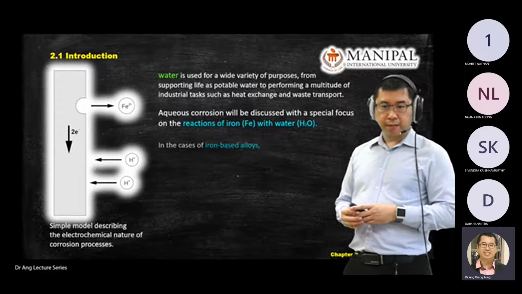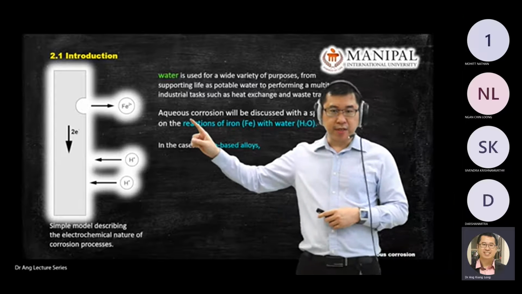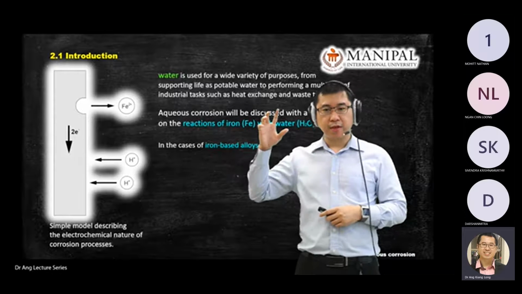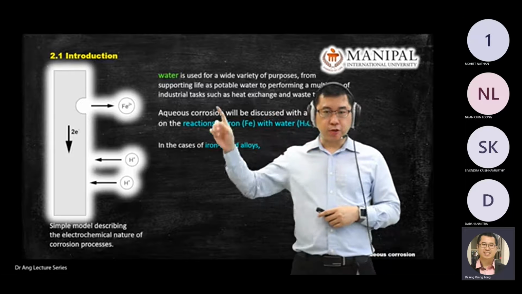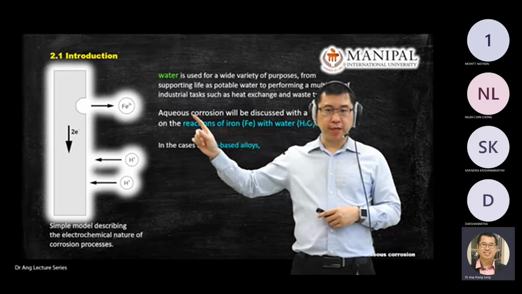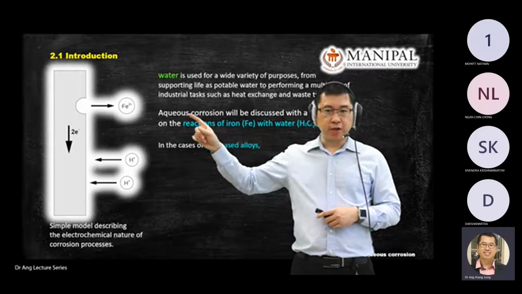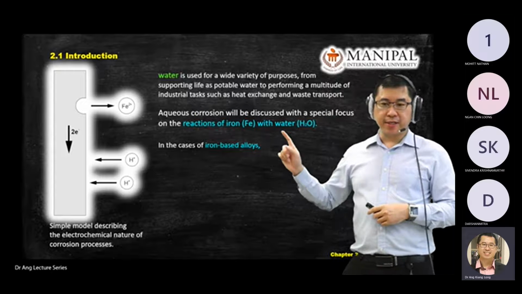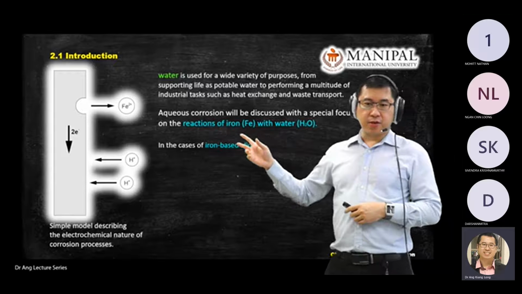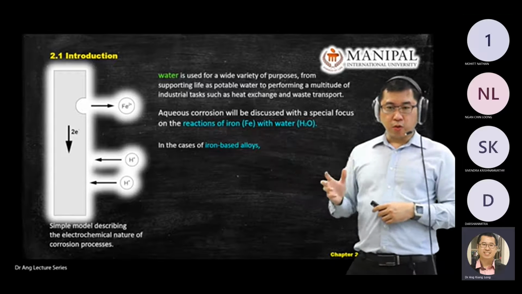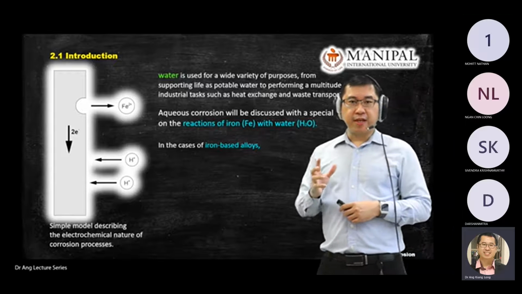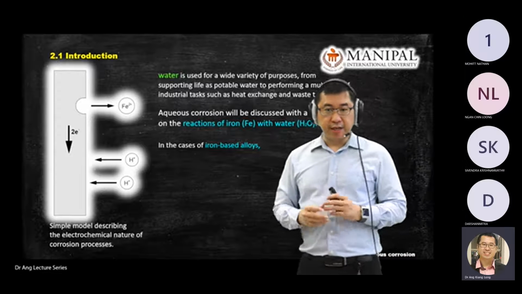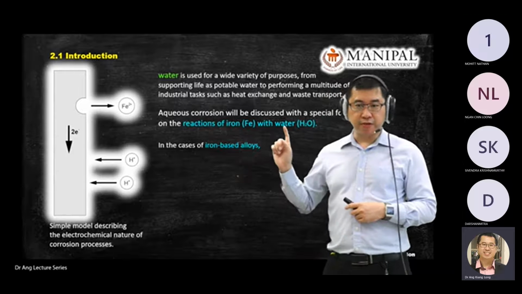The word aqueous itself means solution, corrosion that happens in a solution. And it not only happens with water, it can be acidic, it can be alkaline, and so on. But you know that corrosion is very, very active in the acidic environment. But we start with water first.